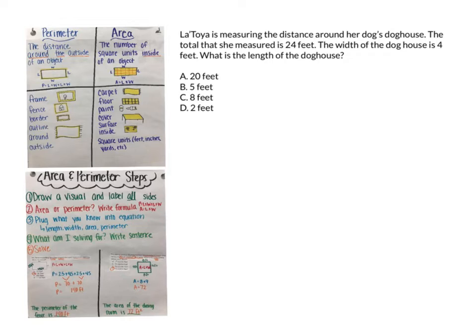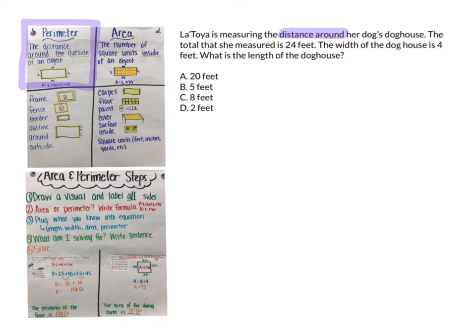LaToya is measuring the distance around her dog's doghouse. So when we're talking about the distance around, I immediately think perimeter. The definition of perimeter is the distance around the outside of an object. So right away, I'm going to highlight perimeter.